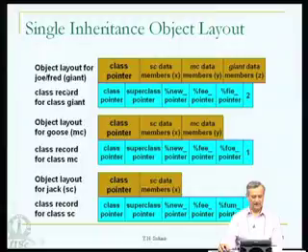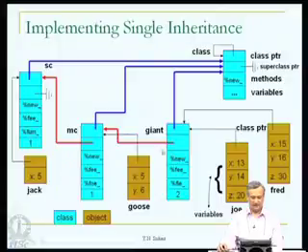Similarly, the class record is something we already saw: class pointer, super class pointer, new method pointer table. This is the method pointer table. Object layout for goose, which is a member of MC, which is one level above. So, this is MC, this is the object we are talking about.